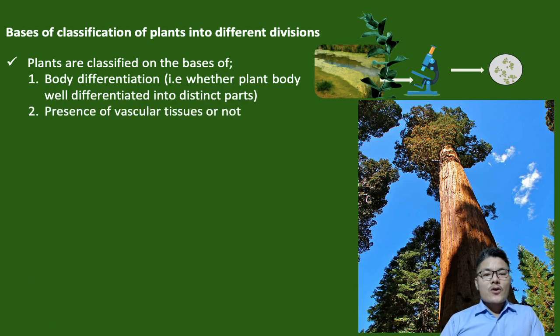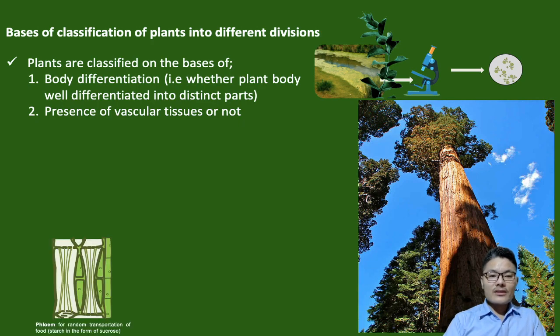We also look for whether the plants are having vascular tissue or not. Vascular tissue here refers to conducting tissues, or whether the plant is having vascular bundles or not. The term vascular here refers to vessel. Vessel in plants can be phloem. Phloem is mainly for bidirectional transportation of food in the form of sucrose.